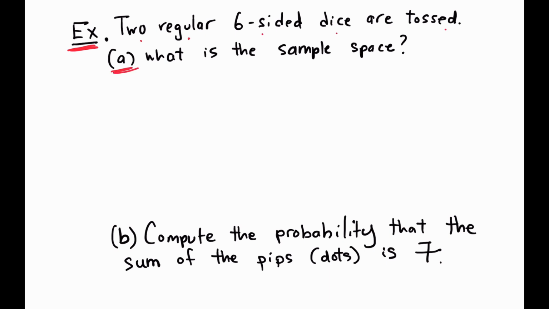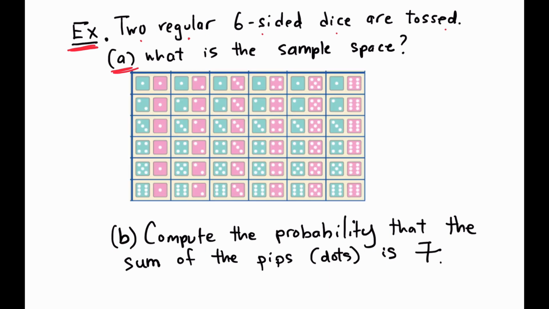Okay, so in this example, 2 regular 6-sided dice are tossed. What is the sample space? If you recall, there were 36 things in the sample space. These are all the different things that we can get. We can roll 2 1s, a 1 and a 2, etc. Another way that you can write out the sample space is you could just list the number of dots or pips that are on the upward face of the die.